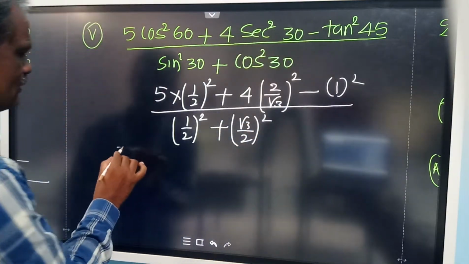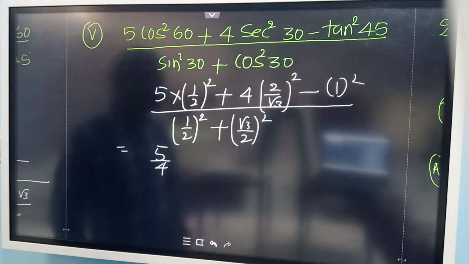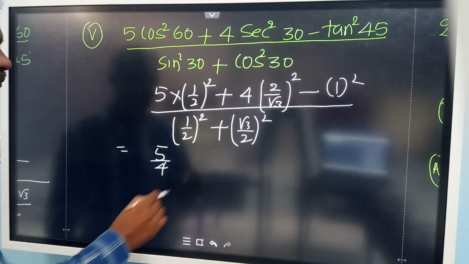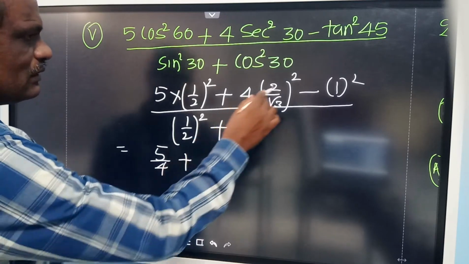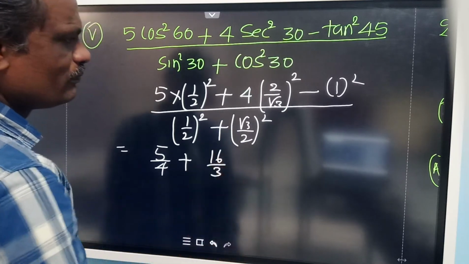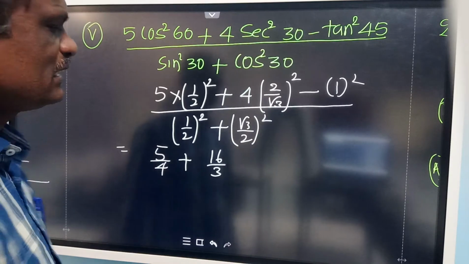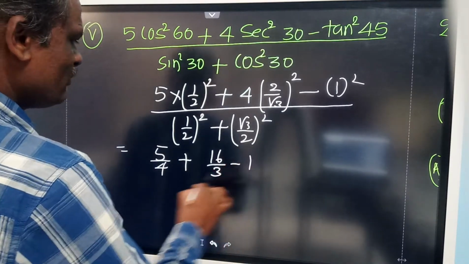Simplify this. 5 by 4, 1 by 2 whole square means 1 by 4 into 5 by 4, plus 4 into, this will become 4, 16 by 3. It becomes 4 by 3. 4 into 4, 16 by 3 minus 1.